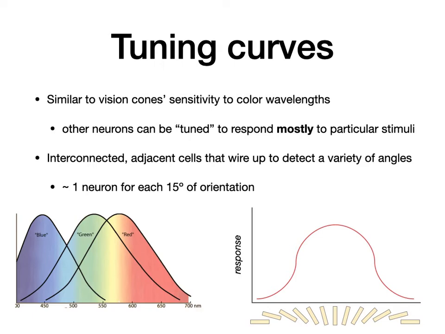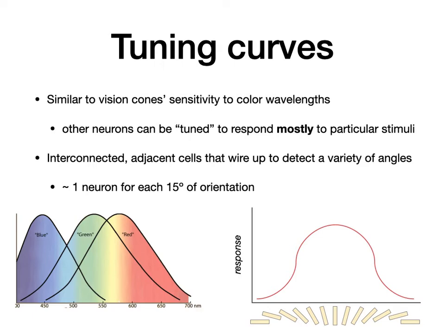On the bottom right, we have the tuning curve for a vertical orientation detector. It responds most at the middle, so there's the most response when the vertical detector is present, and it has some falling off of response. As an orientation in vision becomes a little more horizontal, this neuron will taper off in how much it responds.